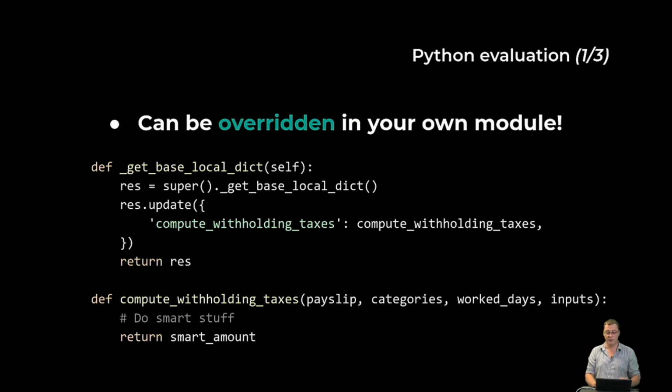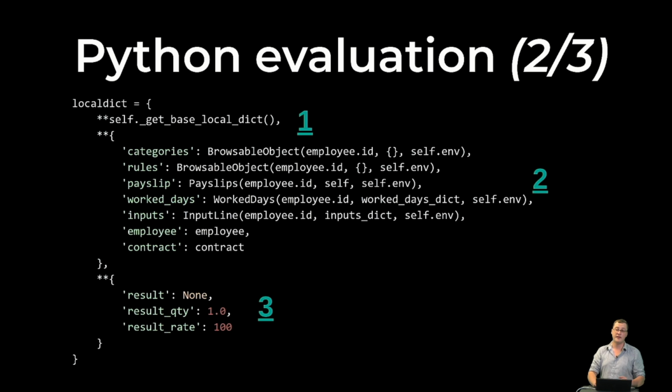Also, if you have to make a fix in this complex rule, it allows you to apply the patch only by restarting the server, because if it was defined in data, you would have to update the module itself to apply the correction. So, in your own localization modules, you can also define a specific method to allow it on the evaluation context. The second element, as I said, is more complex and uses the concept of browsable object.